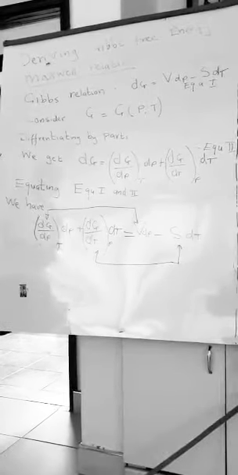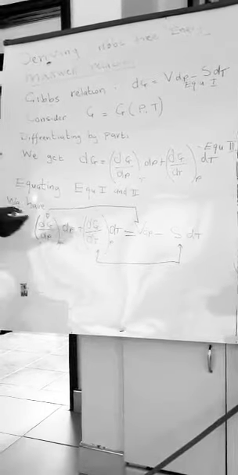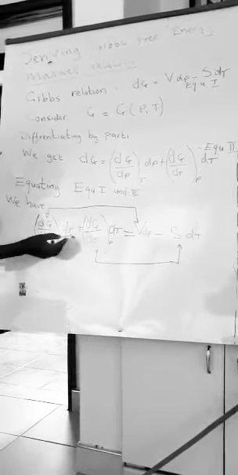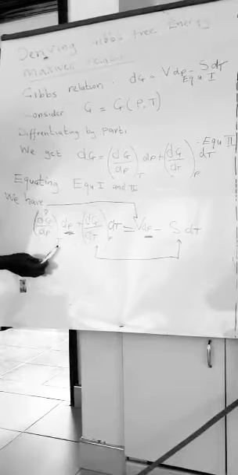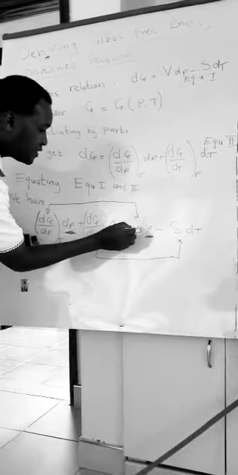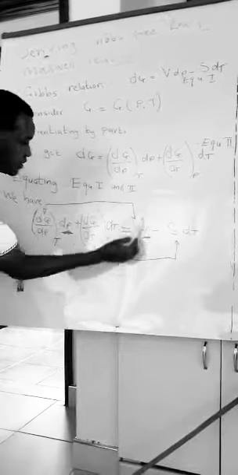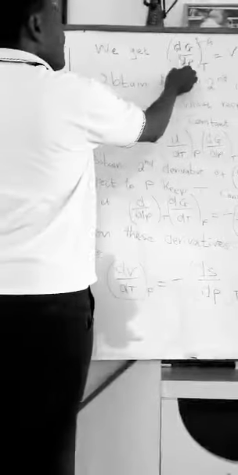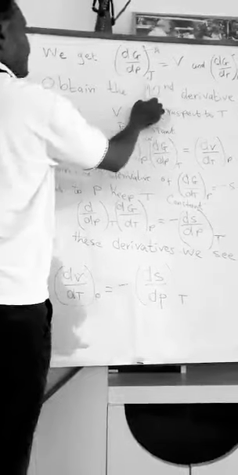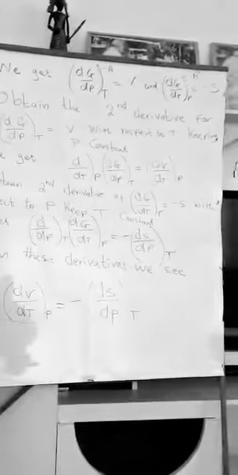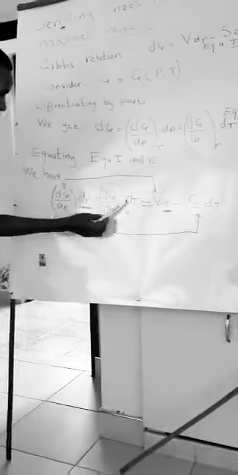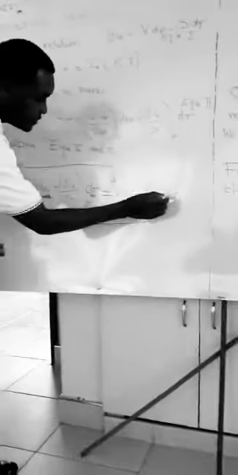Now, I want you to look at the coefficients. Look at the coefficient for dP in both equations. The coefficient for dP here is (∂G/∂P) at constant temperature. Now this one is the same as this other coefficient because the two equations are the same. So that is why we have this equation here: (∂G/∂P) at constant temperature is equal to V. Then look at the coefficient for dT in both cases.